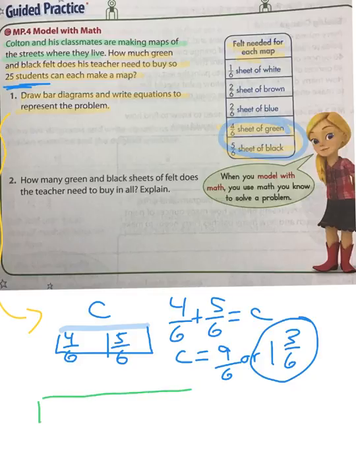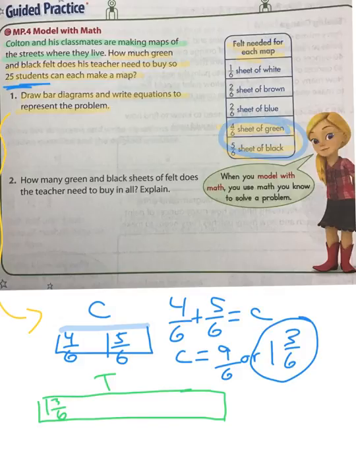So here's my bar diagram. Okay, I'm not going to make it that long. On top, I'm going to put T for total. You can really pick any variable that you want when you're using variables. And we need to multiply 1 and 3/6 25 times.